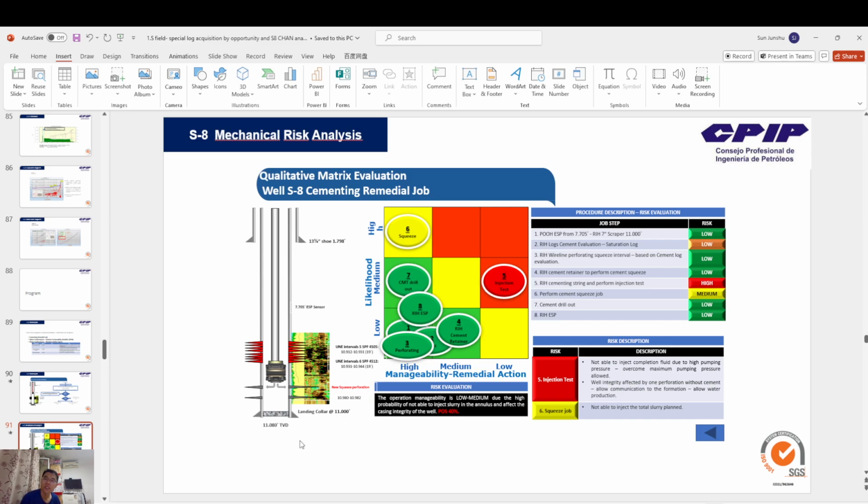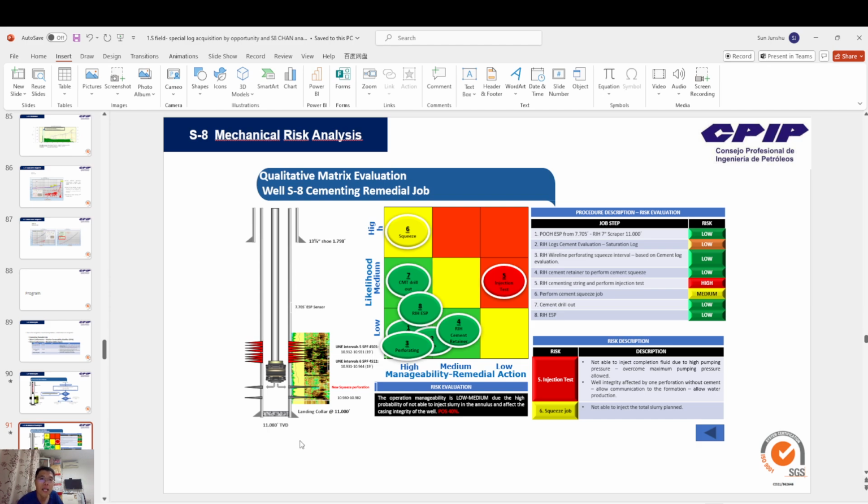This is the risk analysis. Qualitative metric evaluation. Basically, the run in hole ESP, risk low. Run in hole log, cement evaluation with the saturation log, risk is low.